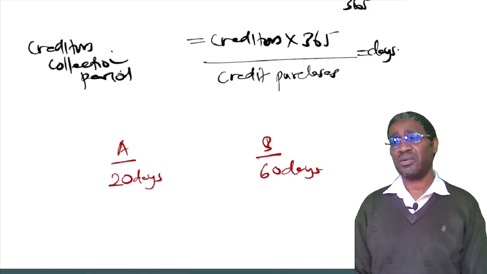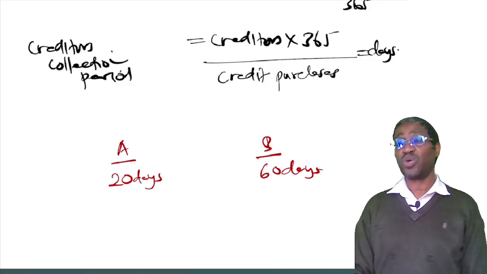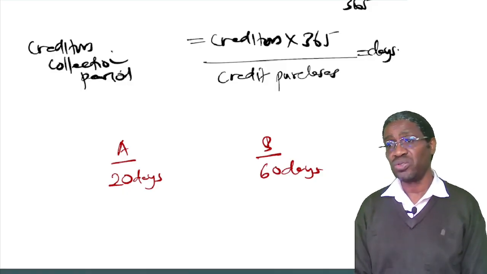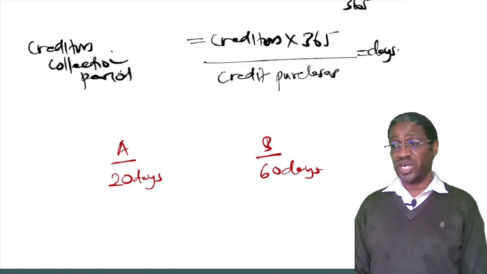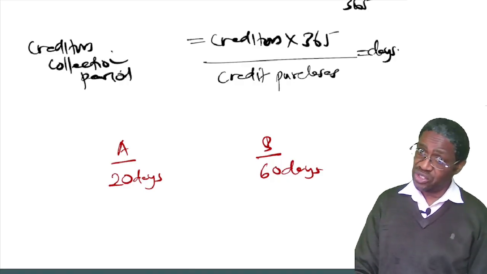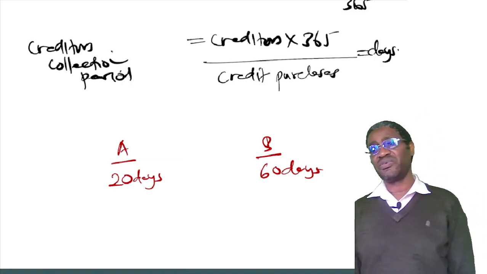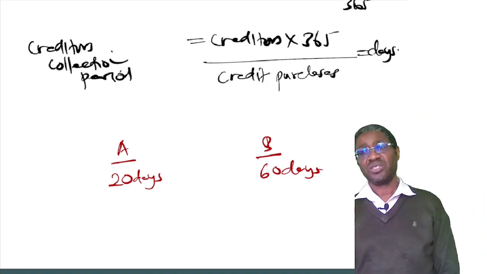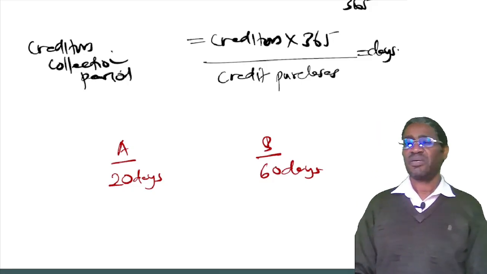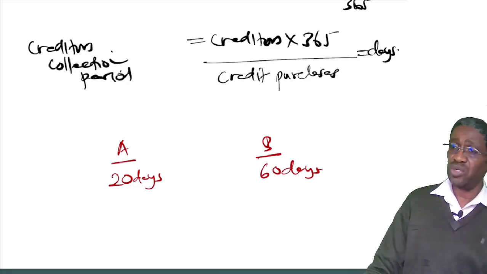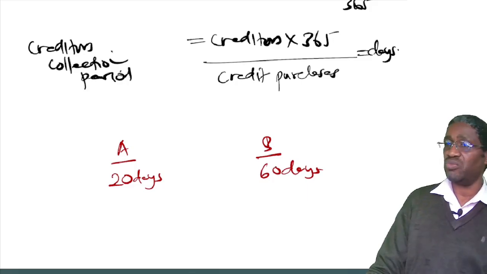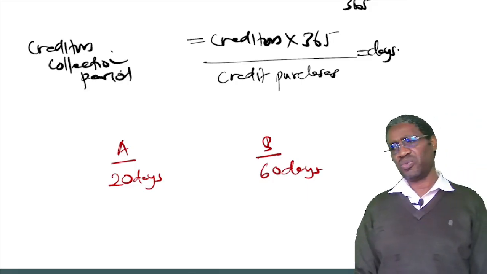You are looking for a supplier to supply goods to you on credit. Company A normally gives its customers 20 days. B gives its customers 60 days to pay them.